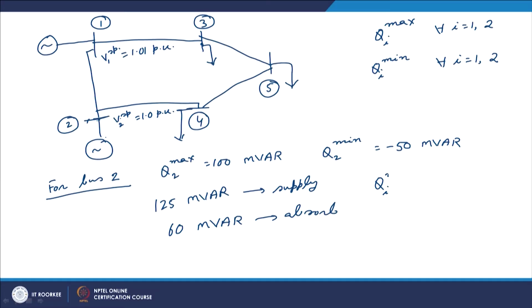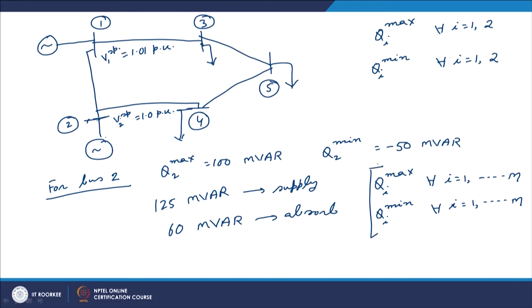So what we say is that for all generators in general, we do have Qi max for all i equal to 1 to m, and we have also got Qi min for all i equal to 1 to m. So when we are doing our load flow analysis, we also have to take into account these two limits.